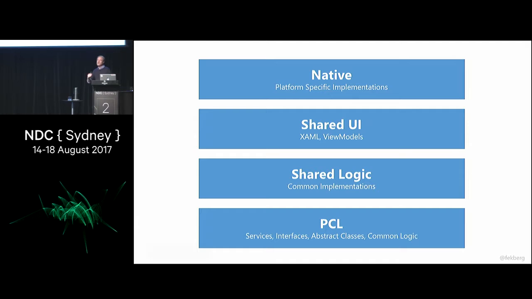Right? And then one step above that, we're pretty much inside the code that I write in my solution that I have here. So we start looking at the shared logic, which could be common implementations for interfaces. So we'll look at an example of that as well. It could be that I have for instance, an IAccountService or an ISomething repository or an IService living inside a PCL.